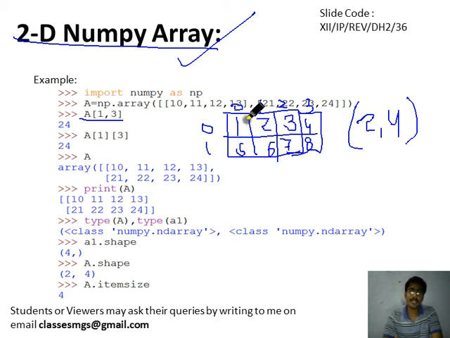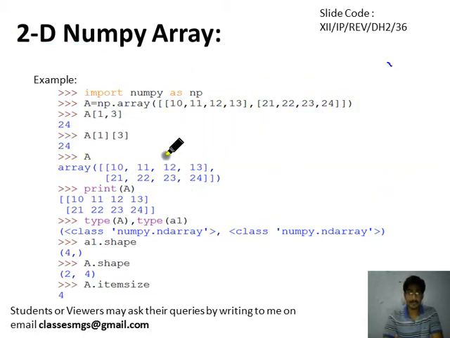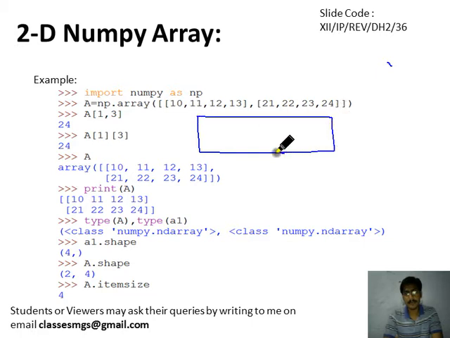If you want to create something like this, we will use the same method, np.array, but we will pass a two-dimensional list into this argument and we will have this two-dimensional NumPy array. Let's represent this example. It has 2 rows.